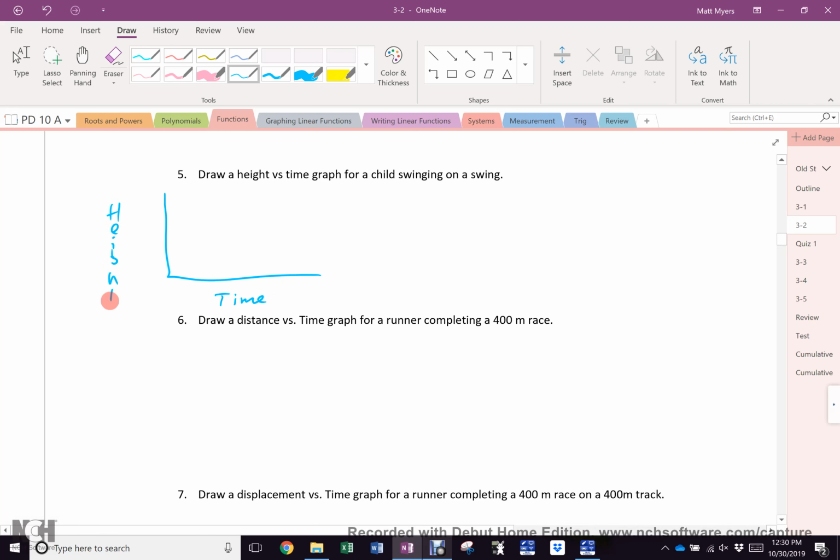Now, here's where we get to have some fun. Where does the first dot go on my graph? I'm going to make a tidier graph. Okay. Where does my first dot go?